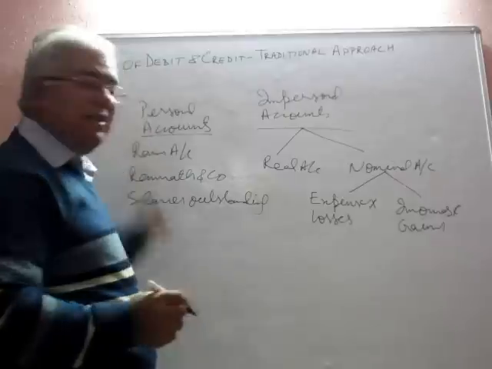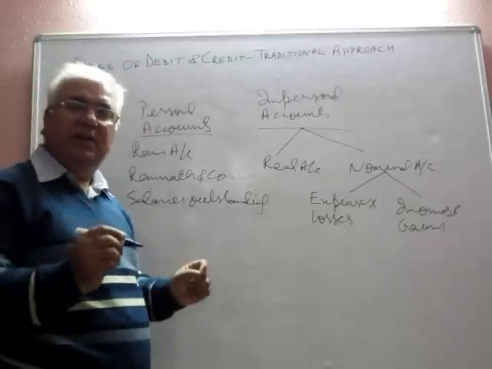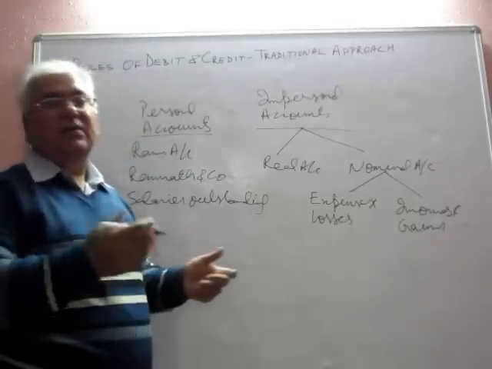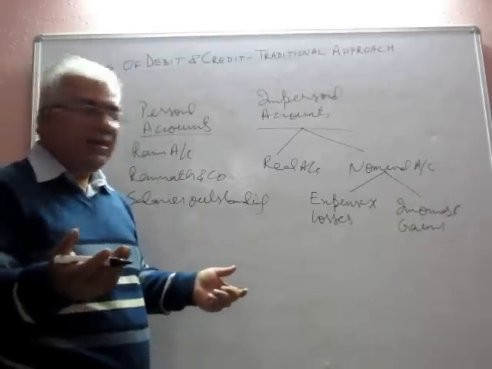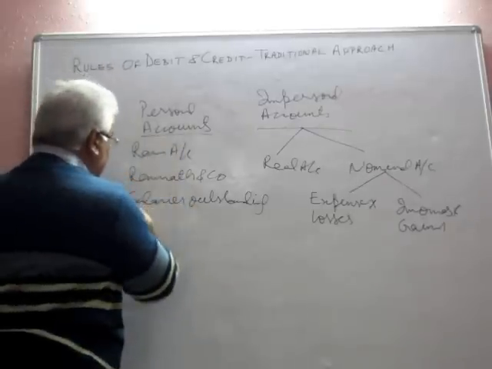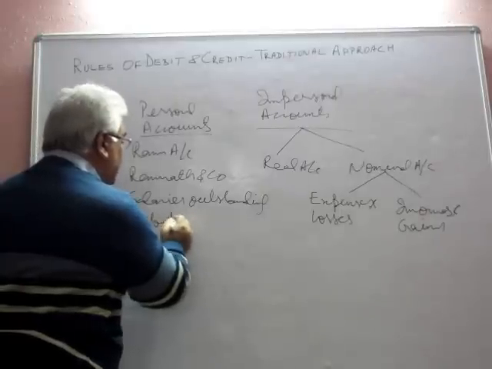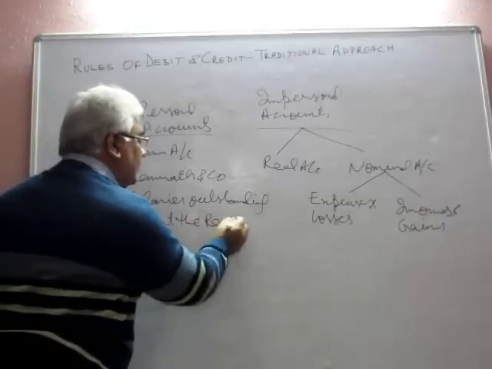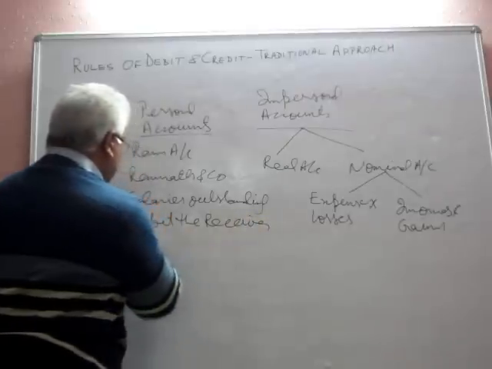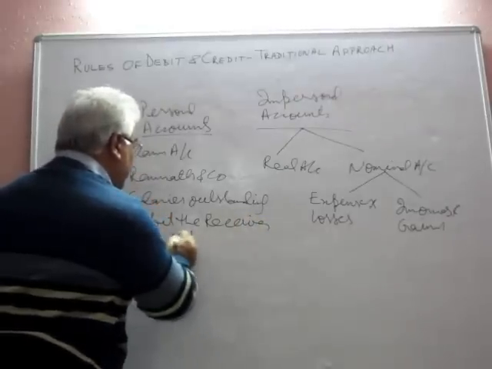For personal accounts, our rule is very simple. Debit the receiver, credit the giver. It's very clear. For personal accounts, the rule is debit the receiver and credit the giver.